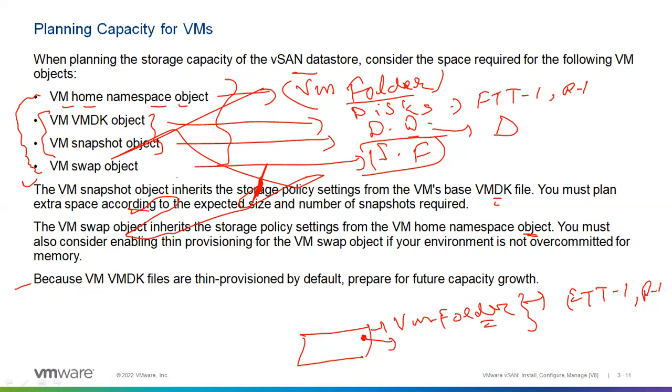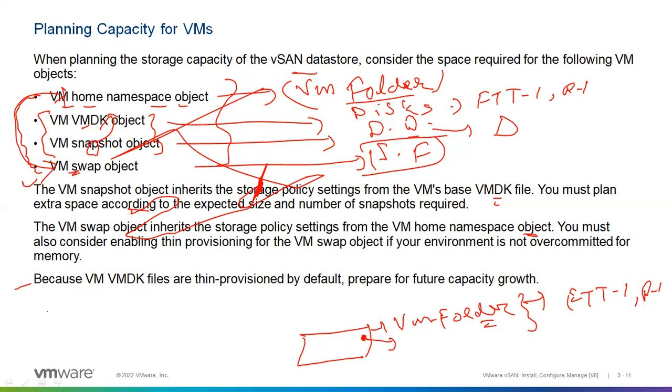So altogether, this slide is telling you my snapshot will leverage the same policy as the disk. My swap will leverage the same policy. Now what I am trying to tell you here is, sir, for all these objects, can we use a different set of policy? Answer is yes, we can. Storage policy we are going to discuss in a lot of detail, don't worry about how it's applied and all.